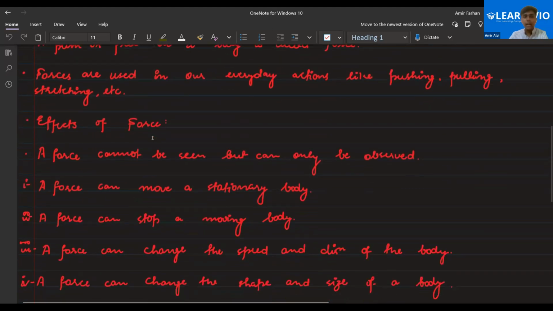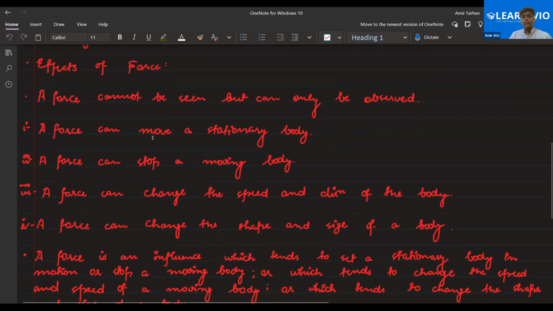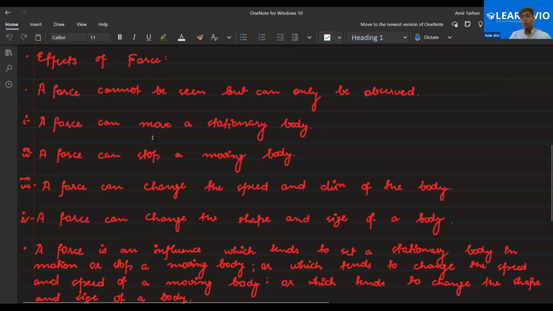Now let's understand the effects of force. Effects of force means how we observe the influence of force in our day-to-day life. First of all, a force cannot be seen but can only be observed, as I have told you right now. Next, a force can move a stationary body.